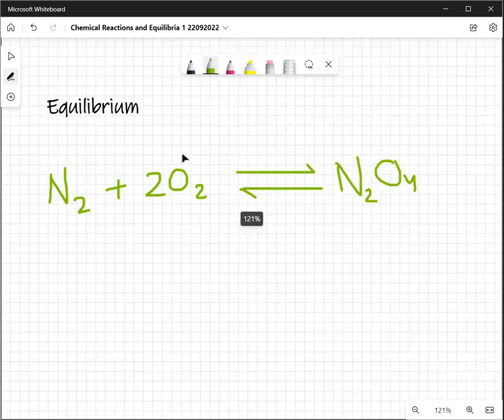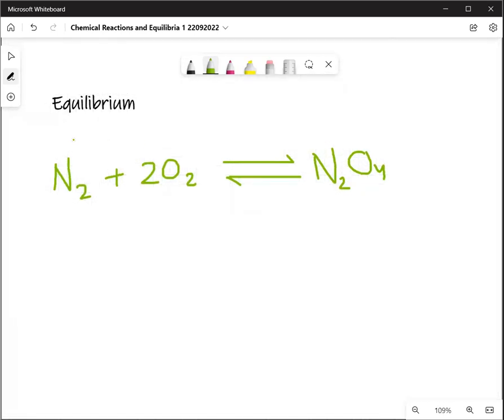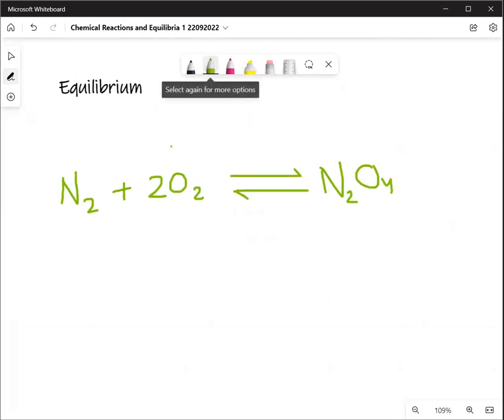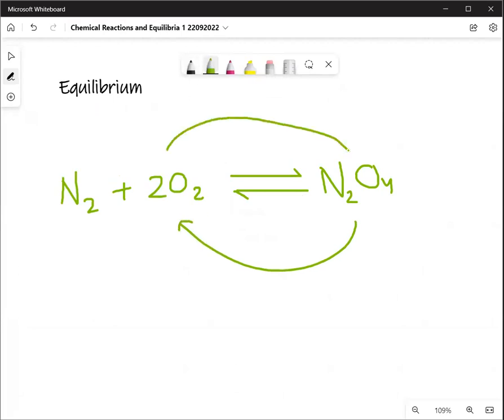What happens in reversible reactions is that from here to here you can go forwards, but at the same time some of the N2O4 is also turning back into nitrogen and oxygen, while some of them are going forwards. So both of these are happening.